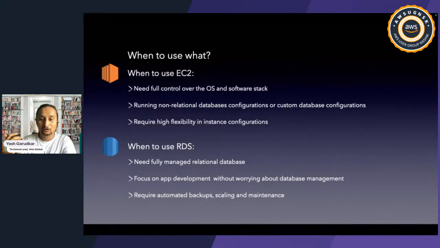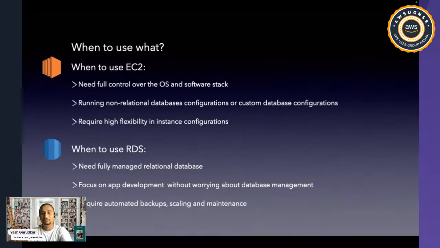When you require automated backups, which have proved a boon for a lot of software companies, automated backups, scaling and maintenance, right? So when it comes to software or a website, let's say, the end user all they are going to care about is whether it is available where they're using it right now or not. And a lot of blunders can happen.